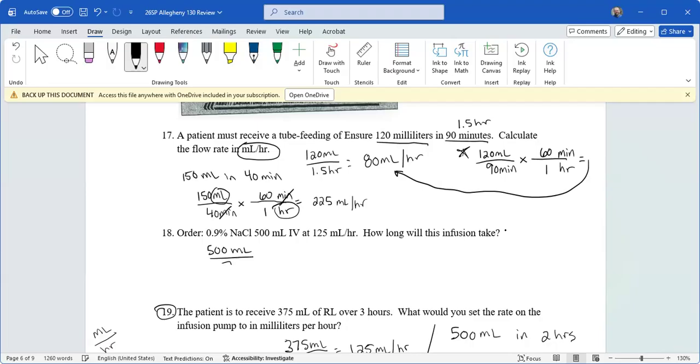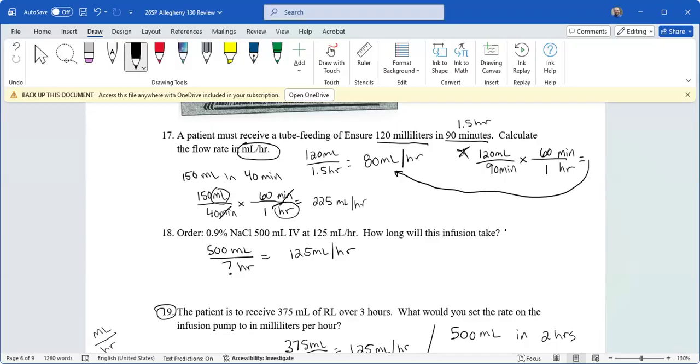We don't know the time, but we know that it would give us 125 milliliters per hour. Now, this is not helpful, I don't think, for how I would set up this particular type of question, but I'm just trying to write out visually what you're being asked. So we want to know, what is this time? We want to know, what is this hour or minute or whatever this happens to be? How long is this running for?